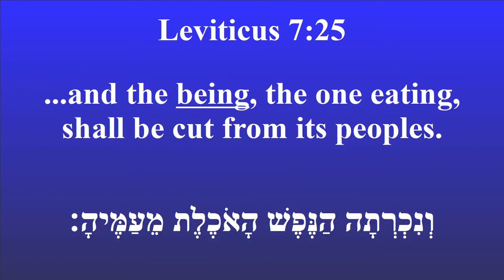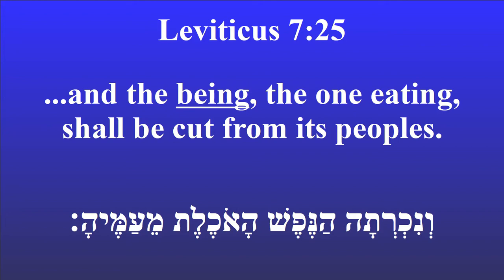In the Torah, though, that is not the normal way the word is used. It's not the most frequent way it is used, which is simply in reference to a person. We can see that in Leviticus 7:25, for example, in reference to being cut off from its people.